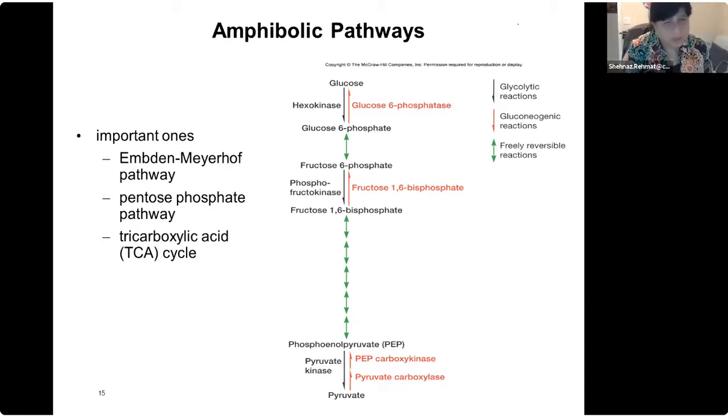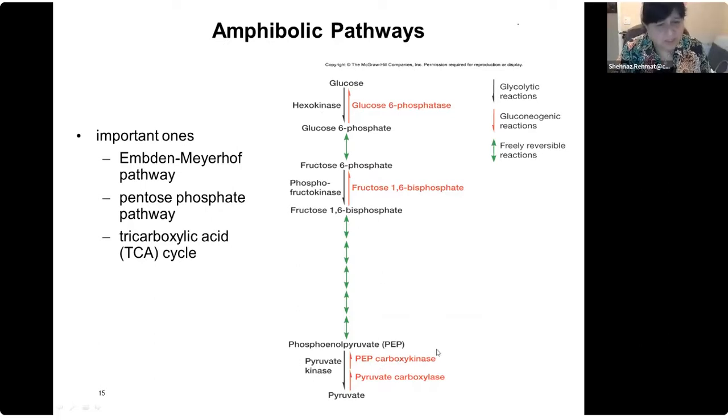They go both ways. So, for example, when we talk about glycolysis, glucose going all the way to pyruvate, this is a catabolic pathway. But the reversal of it is called gluconeogenesis, which uses mostly the same enzymes, except for about 4 different enzymes that will be needed that will replace the 3 enzymes in your glycolysis.